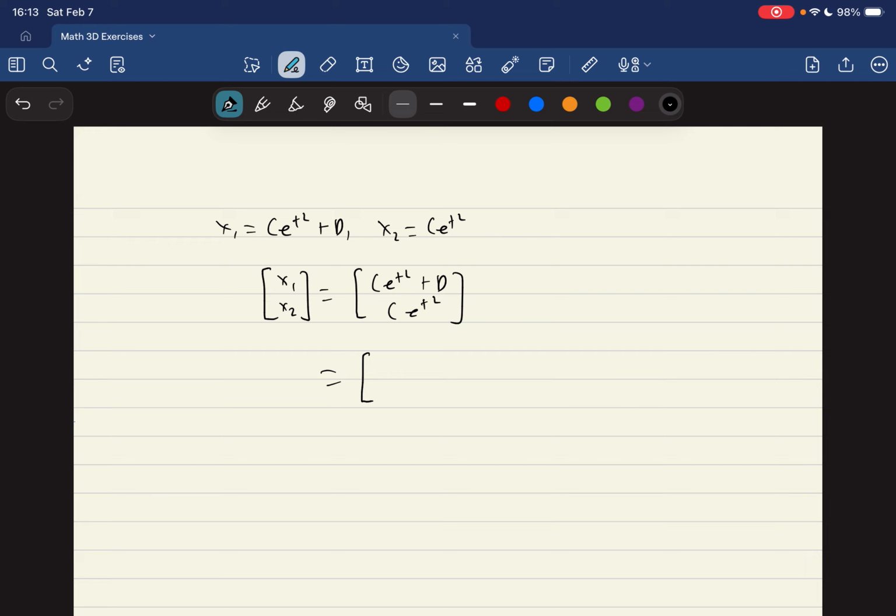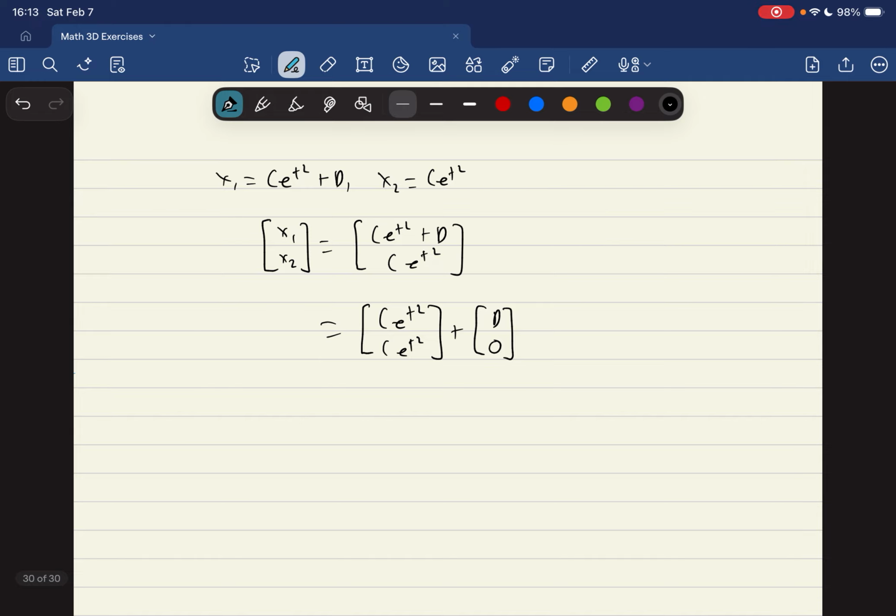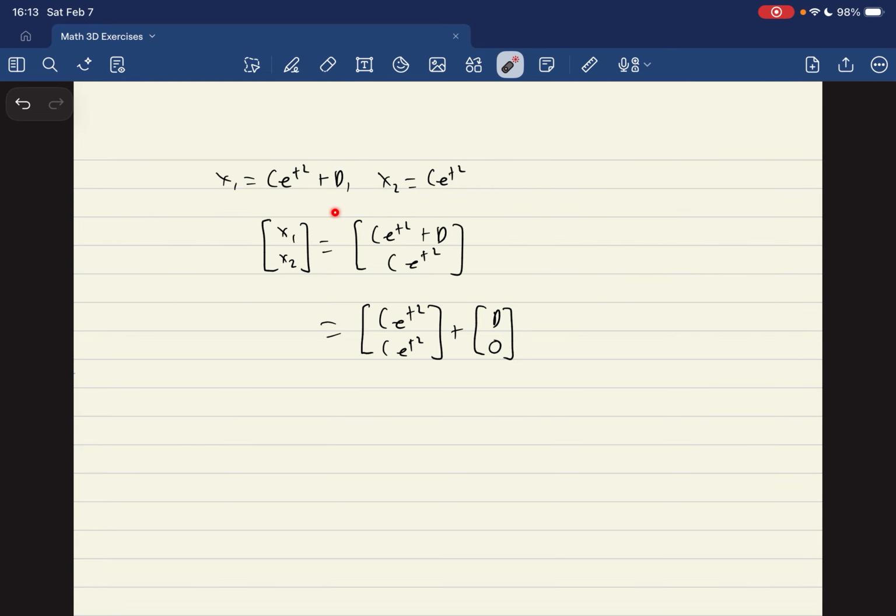So we can collect the like term c e to the t squared, and then d over 0. What I'm doing right now isn't strictly necessary, depending on what the exam standards are. Maybe it's okay to leave it like this.